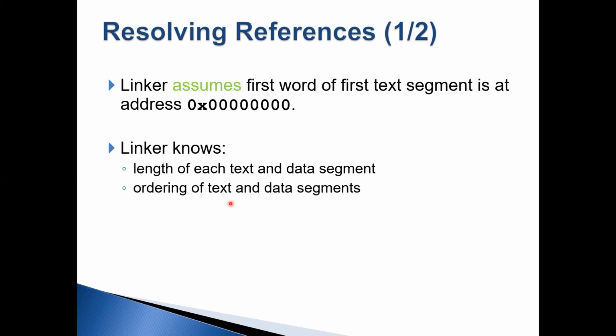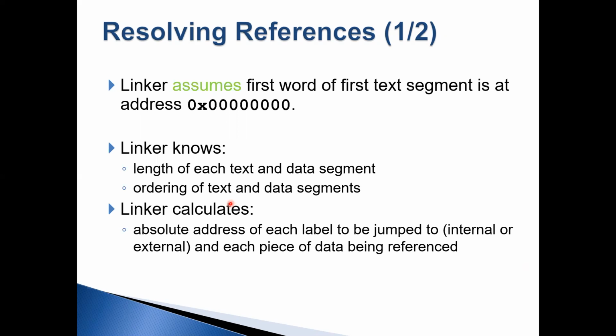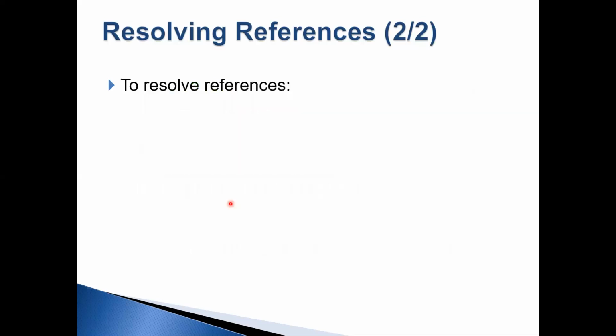Since it knows all this information, the linker can calculate the final size of the program and count the number of lines, so that it can calculate the address of the destination of the jump label, or the address of the data that we need to reference. So this is all done by the linker.